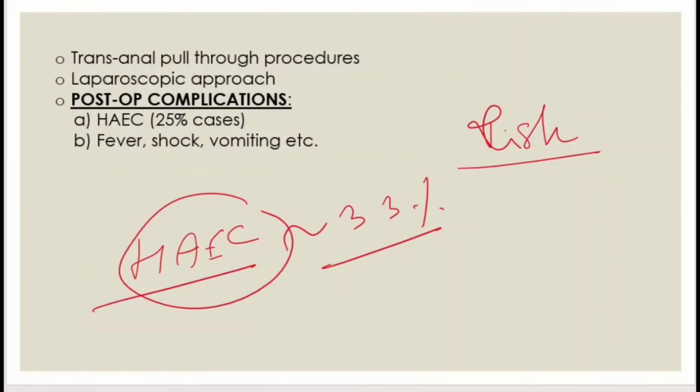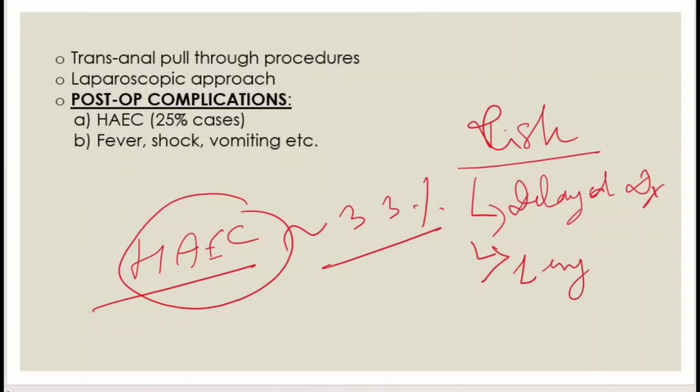So what are the risk factors? Number 1, if there is delay in the diagnosis of Hirschsprung disease. Delayed diagnosis is associated with increased mortality rate. Second is increased length of aganglionic segment.